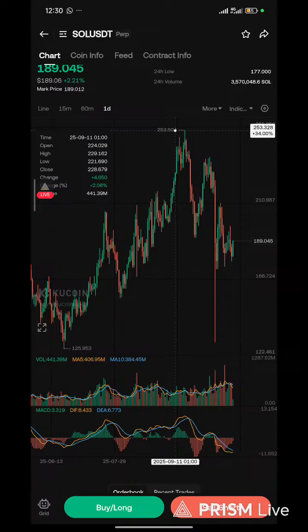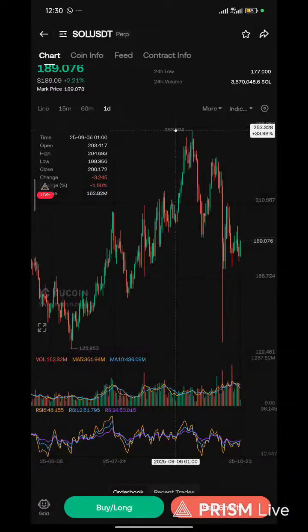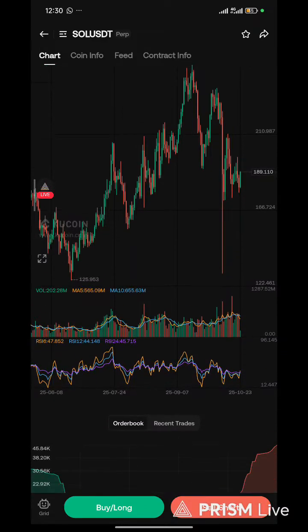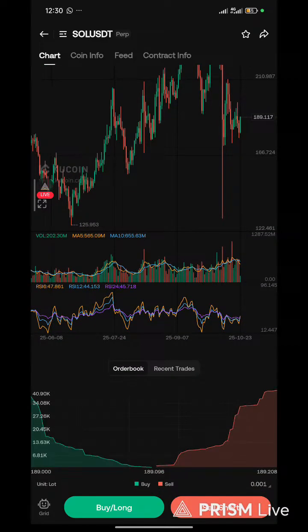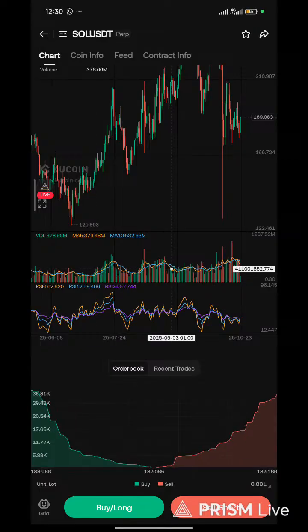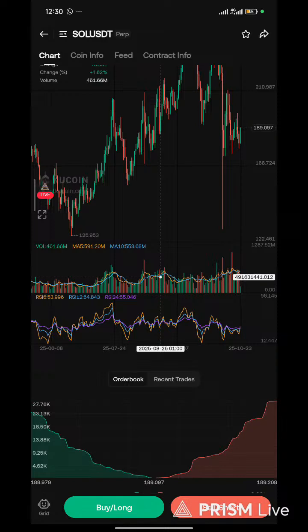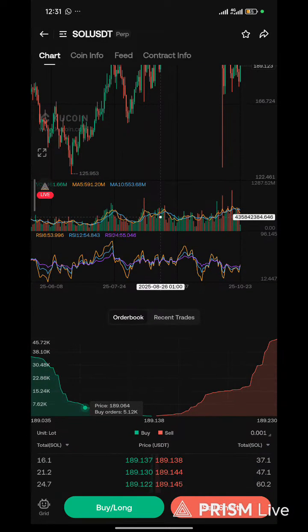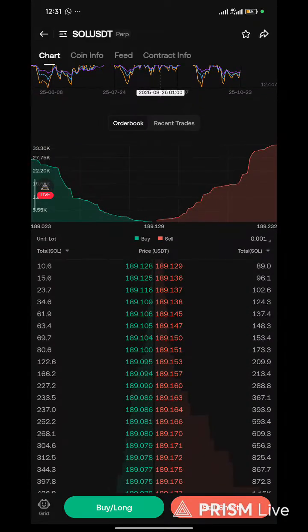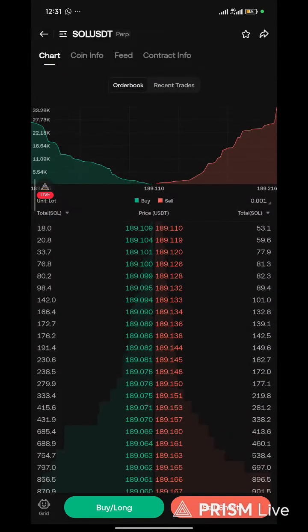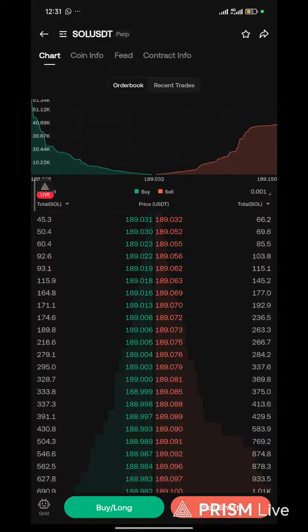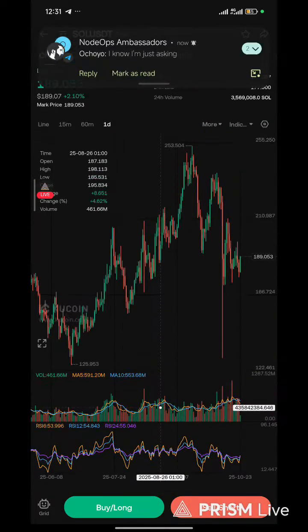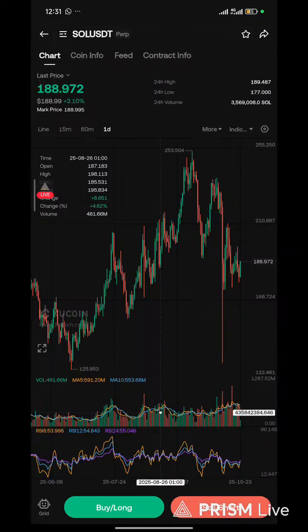We also have the RSI indicator. You can combine RSI indicator and MACD for a confirmation entry. So you see, we have a lot of indicators to use while trading.